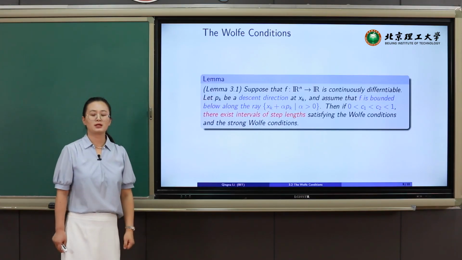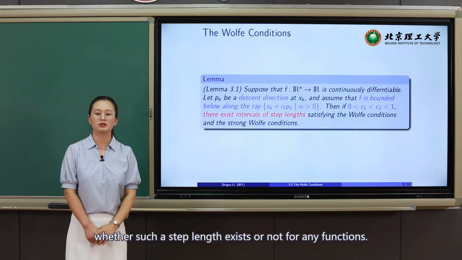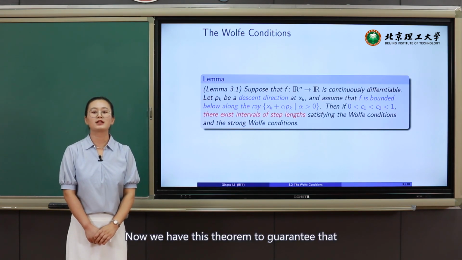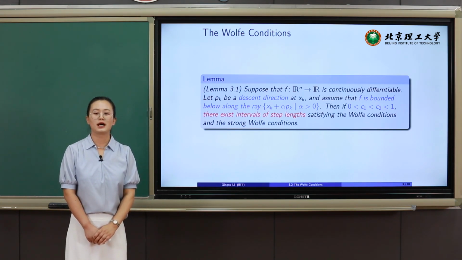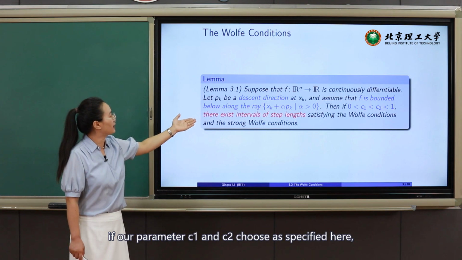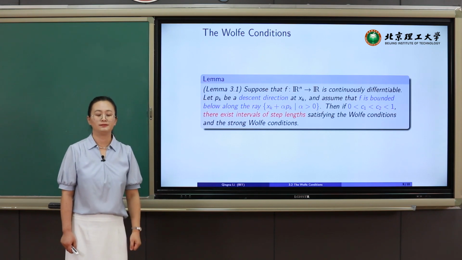Now, you may wonder whether such a step length exists for any function. We have a theorem to guarantee that if our parameters C1 and C2 are chosen as specified here, then such a condition always holds.